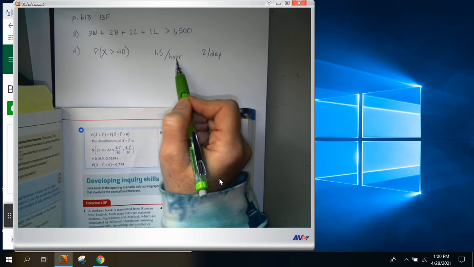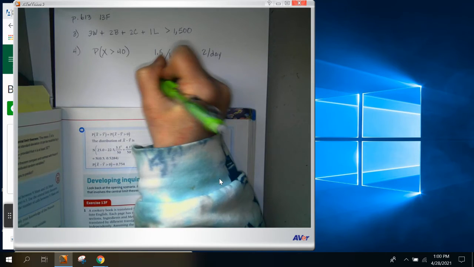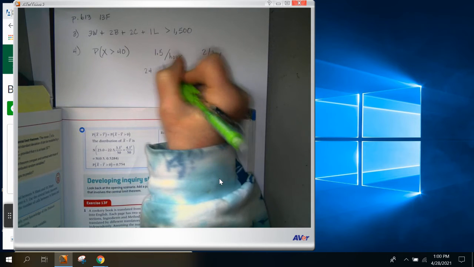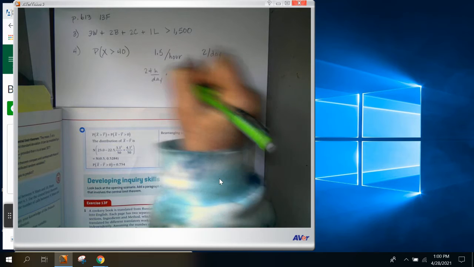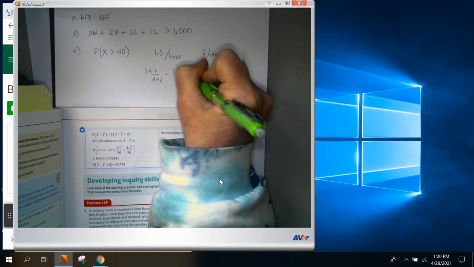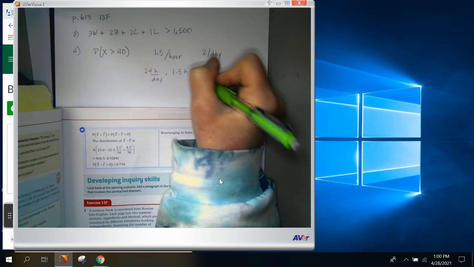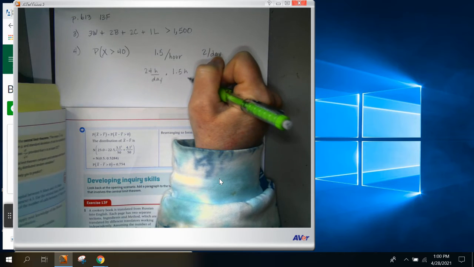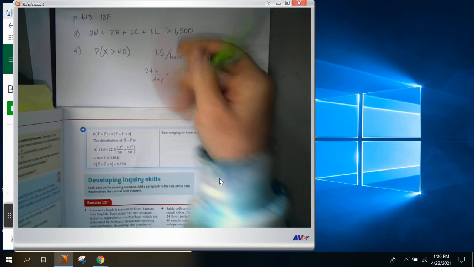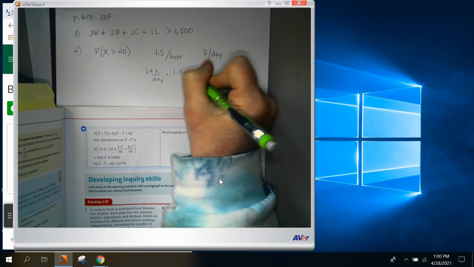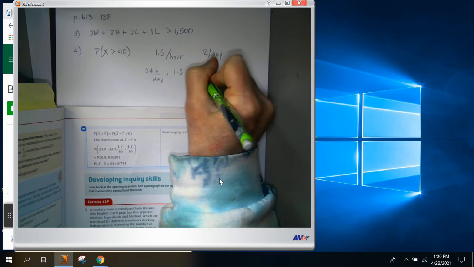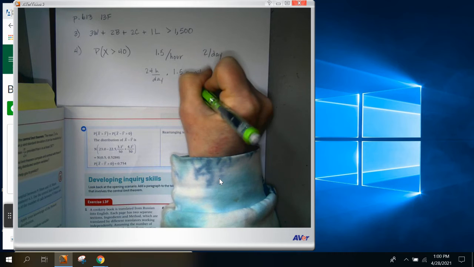There are 24 hours in a day, so I do 24 hours per day and multiply that by 1.5 emails per hour. That's better.